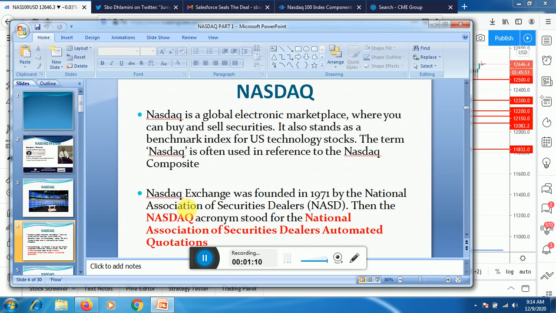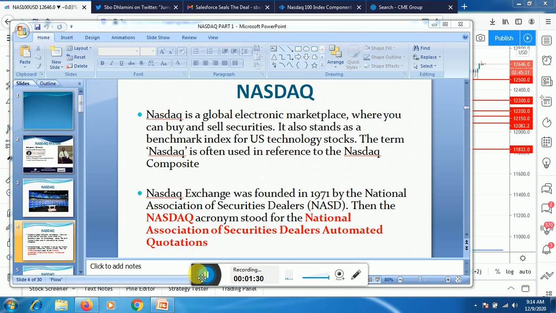The exchange was founded in 1971 by the National Association of Securities Dealers. NASDAQ, the acronym, stands for the National Association of Securities Dealers Automated Quotations.